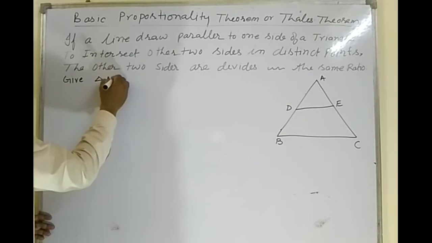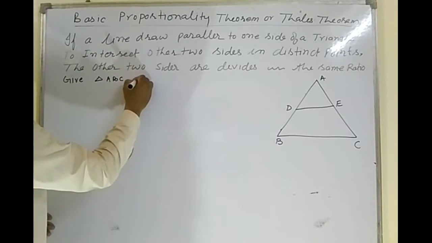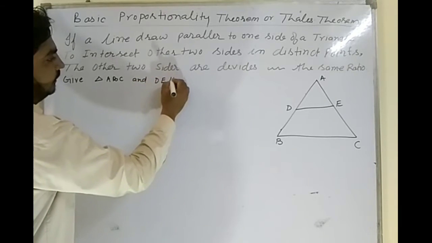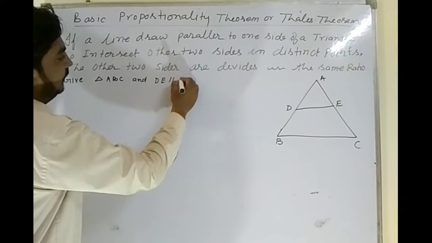So here given: triangle ABC and DE parallel to BC.